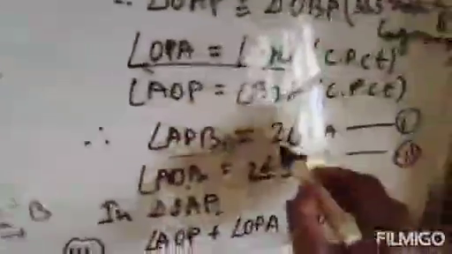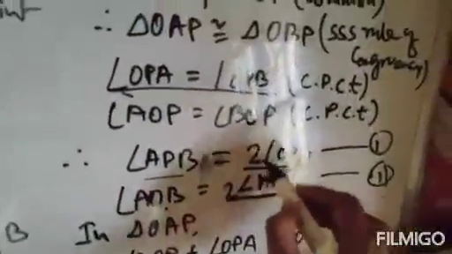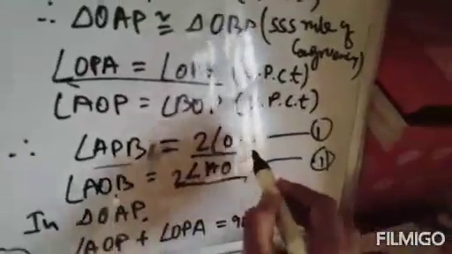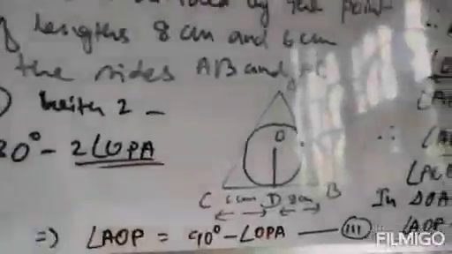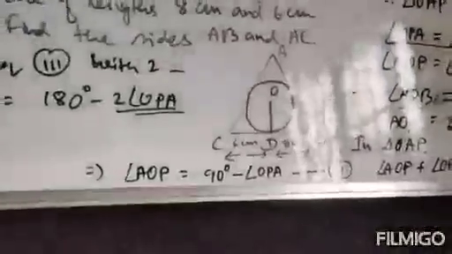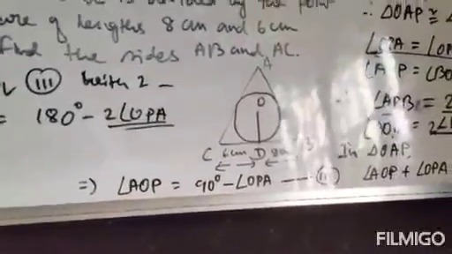And also 2 of angle OPA, its value is angle APB. So in place of 2 angle OPA, we can write angle APB. So we will just substitute the value.